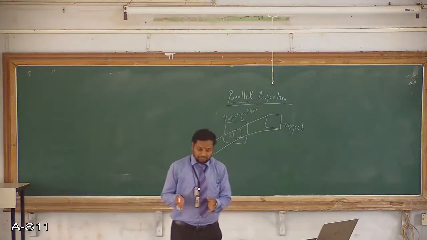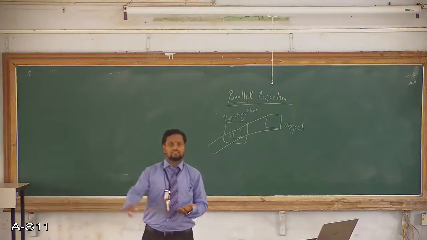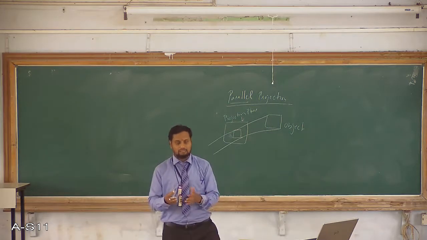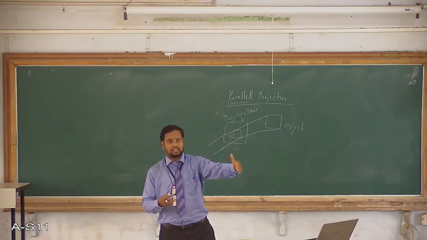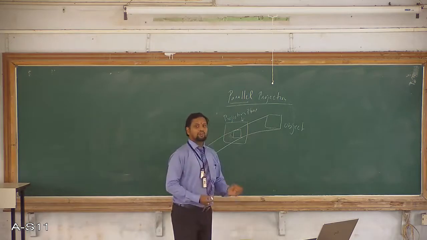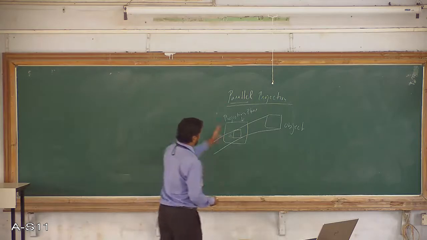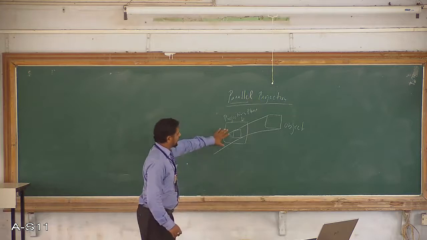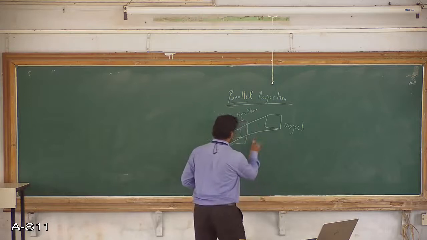Whereas in the perspective projection, as we move apart from the object, in the sense we are moving apart from the camera, the object size in the camera will keep on reducing. But in the parallel projection, throughout any distance, the size of the object will remain the same. So these are the projection lines.